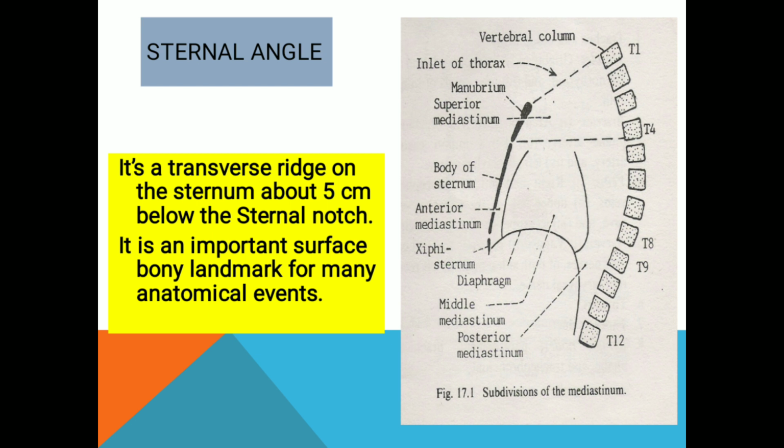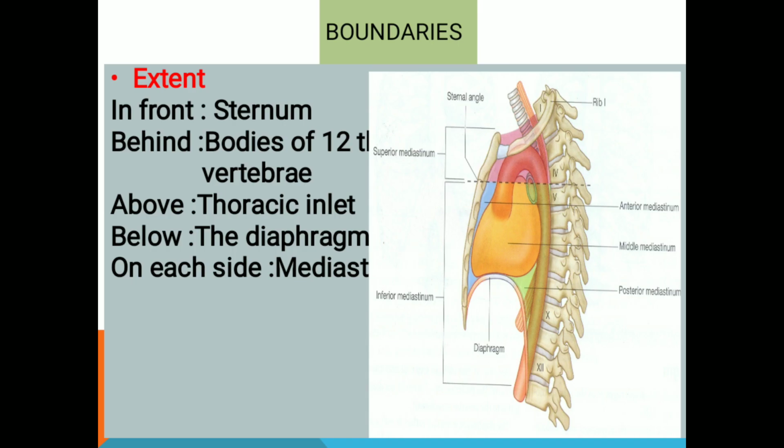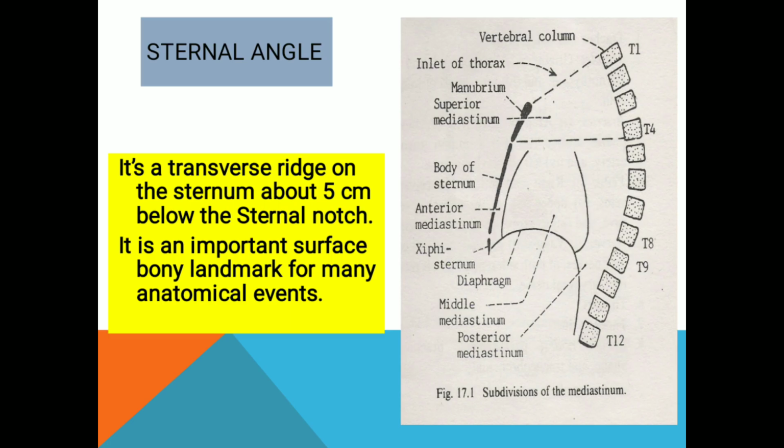Next, what do we mean by the sternal angle? If I draw an imaginary horizontal line from the manubrium sterni to the lower border of the T4 thoracic vertebra, this is called the sternal angle.